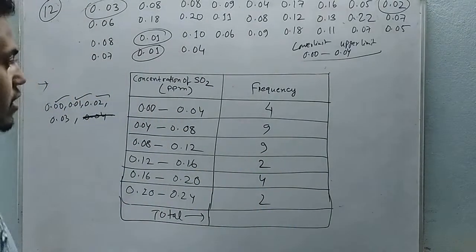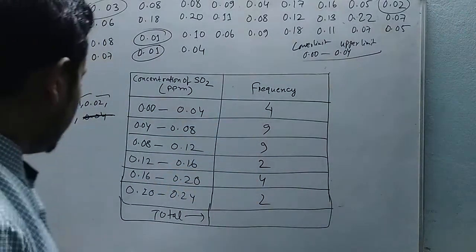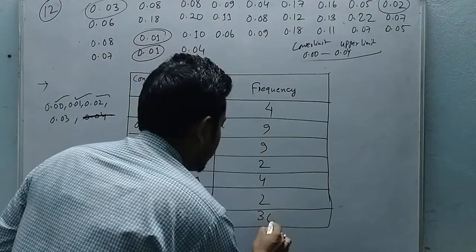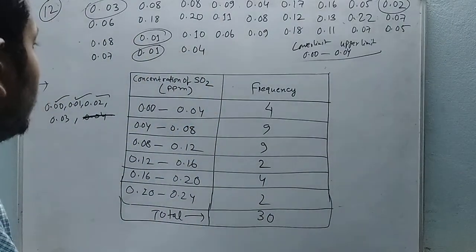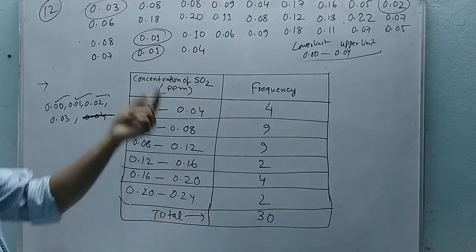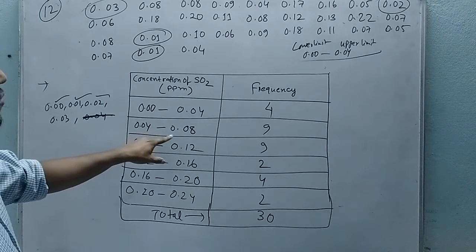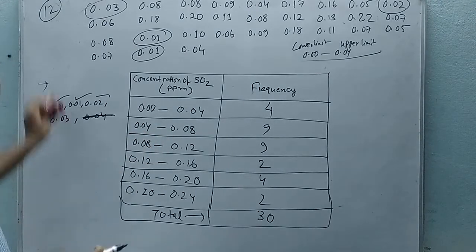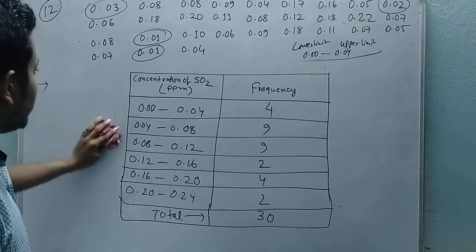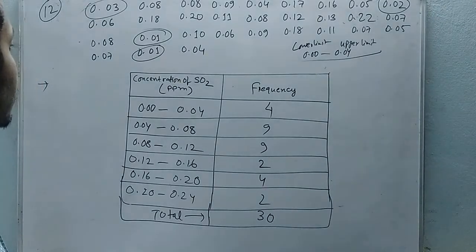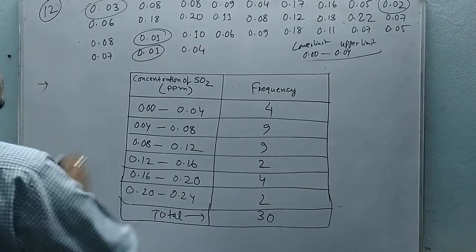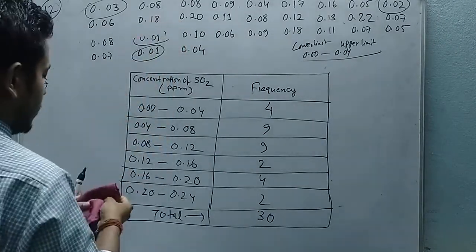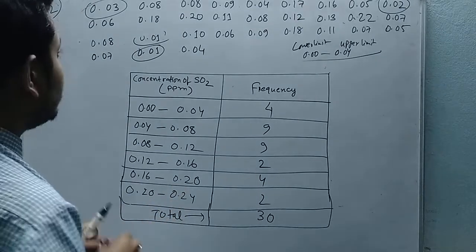If you add all the numbers, you get 30. Okay? So I will make you count the second class interval, 0.04. Let's wrap this one. I have circled them, but in your copy, please do it carefully.